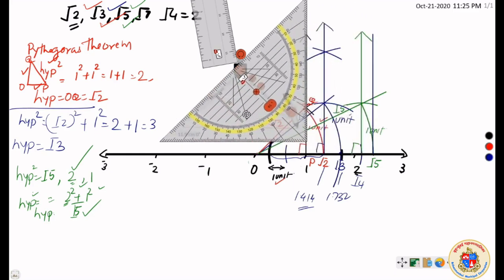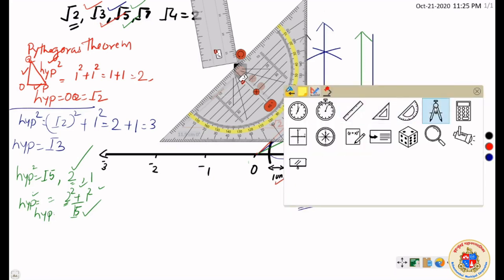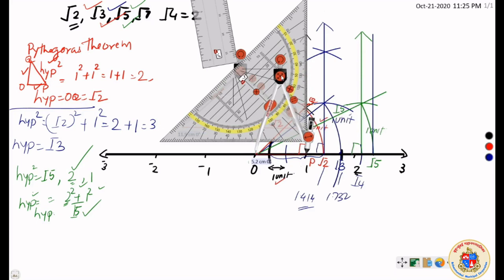And on that perpendicular we will be marking 1 unit just like before. For that again we need the compass. Take the compass and measure 1 unit once again from 0 to 1 like always. Bring it here, turn the compass and mark 1 unit.